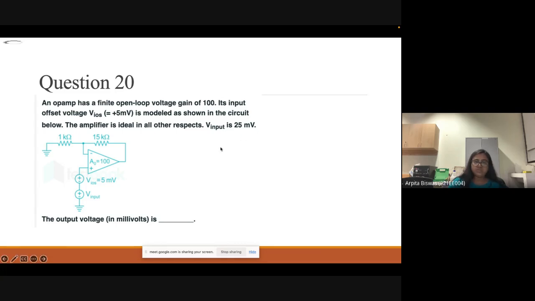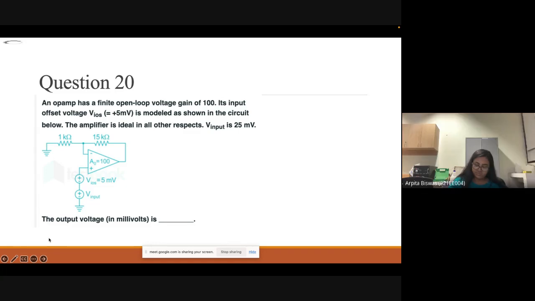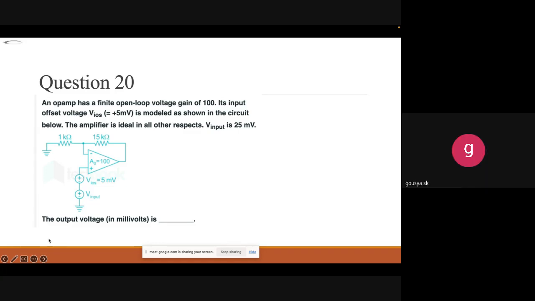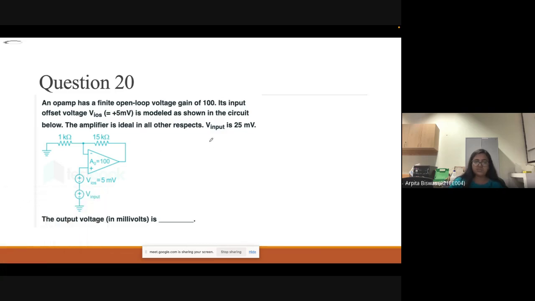The formula you have to use, millivolts. 480? No, it is not 480, but it is close to 413. And the practical value, tell me what is the practical value of V output by V input for an op amp where the input is given at the plus, the non-inverting, right?